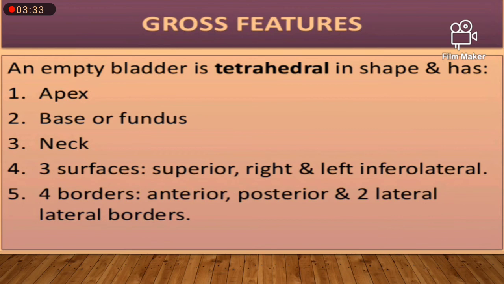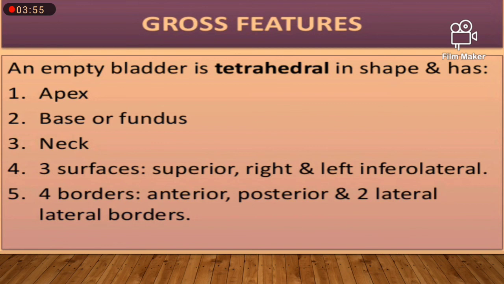Gross feature: an empty bladder is tetrahedral in shape, as I have already told you. There is an apex, as I have shown, base or fundus, then neck, 3 types of surface: superior, right and left inferolateral.